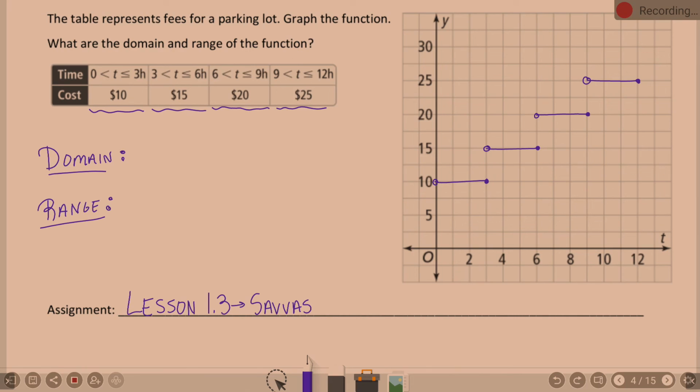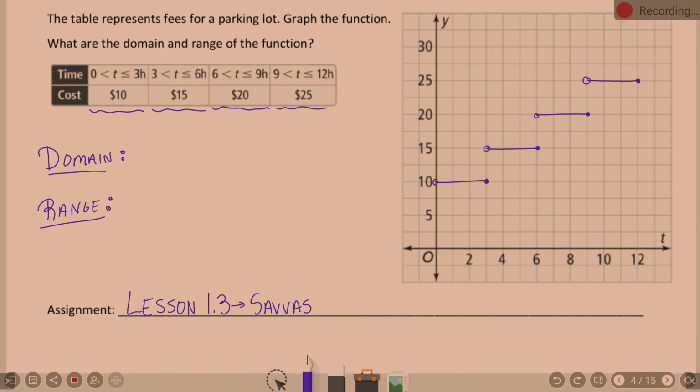Thoughts on domain? How far left? 0. How far right? What are you thinking, Jack? 12. What do you mean 12?